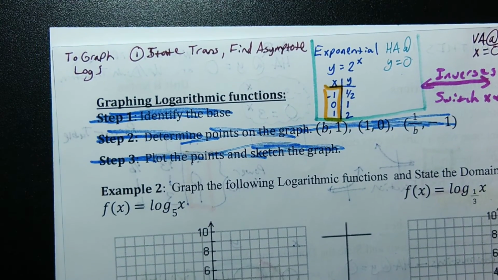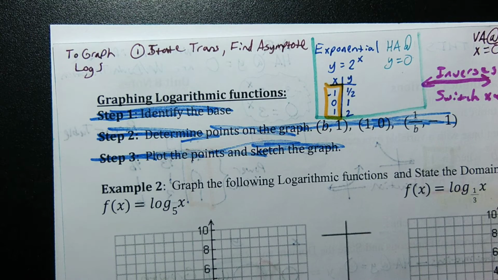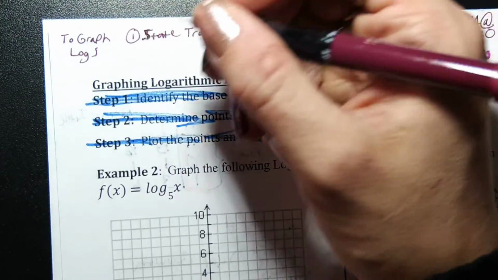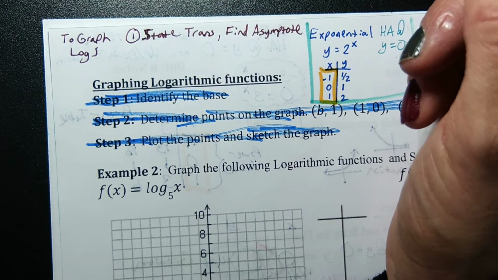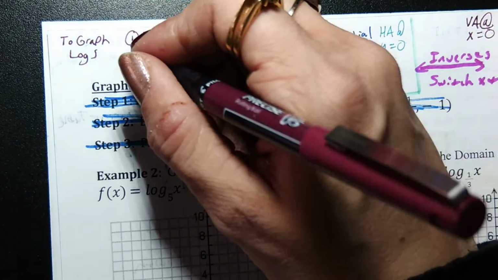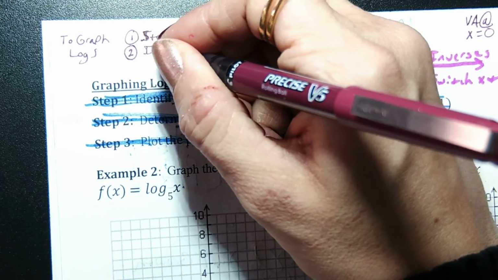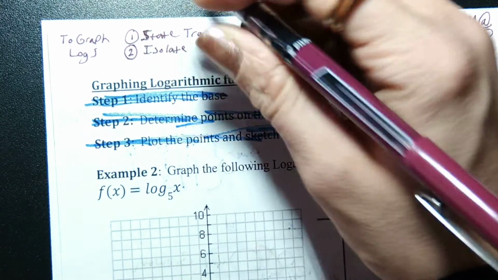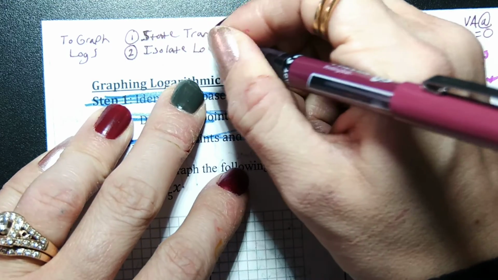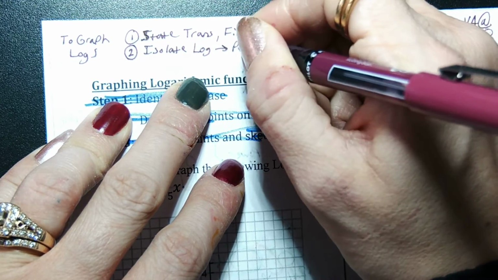And what you'll notice is that is almost the same step as what we had for exponentials. State the transformations, find the asymptote. Except we won't have any growth or decay functions for logarithmics. That's just an exponential thing. Step 2, isolate the log, then put in exponential form.